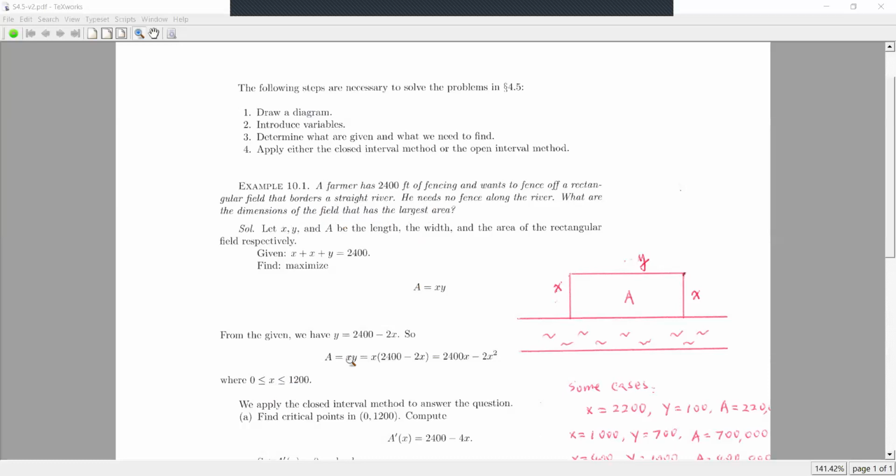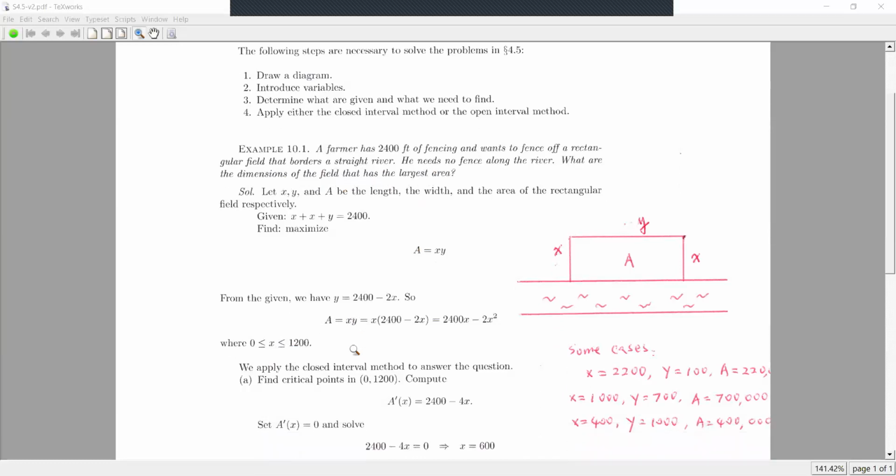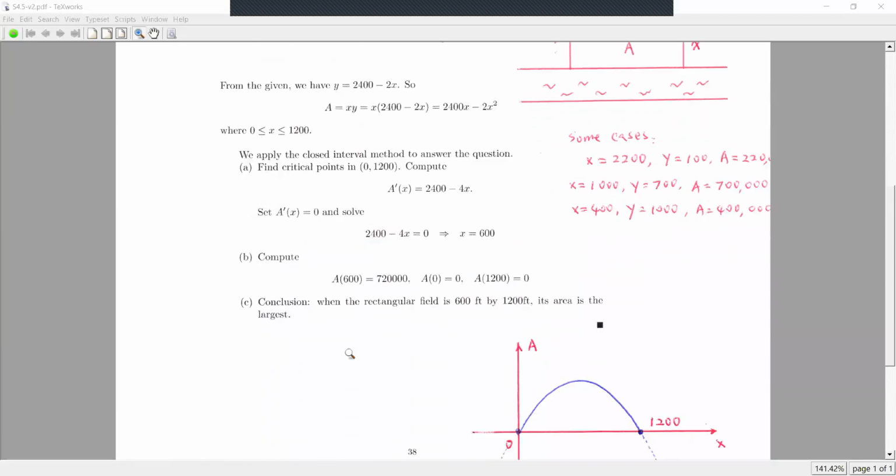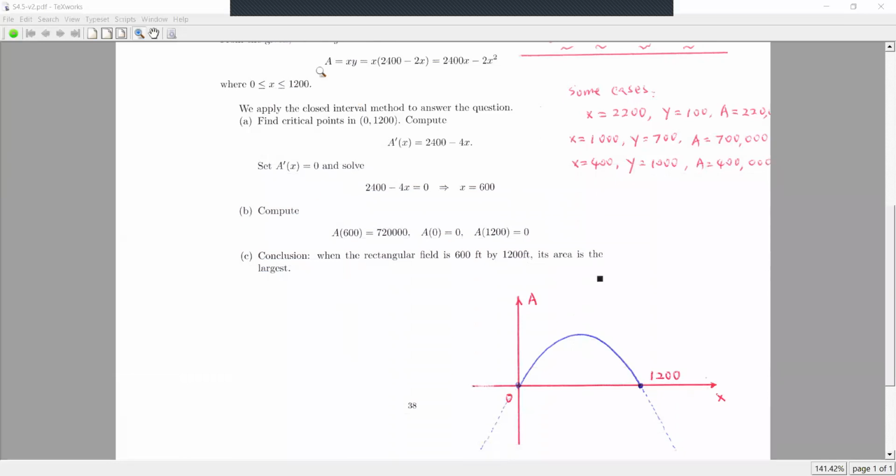Here, for a better understanding of the problem, I plot the graph of this function. A depends on x through this function here. The graph is a parabola because the leading coefficient, the coefficient of the highest degree term, is negative. So the graph is a parabola open downward. Yeah.